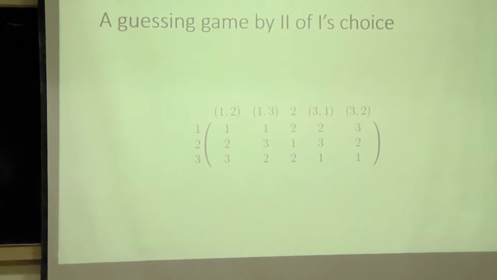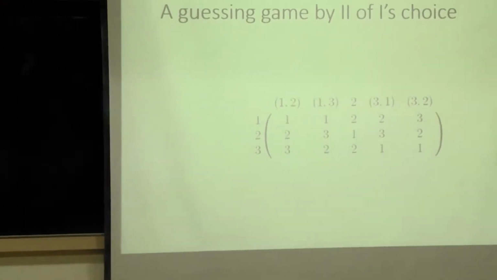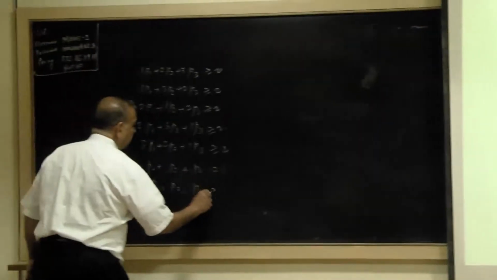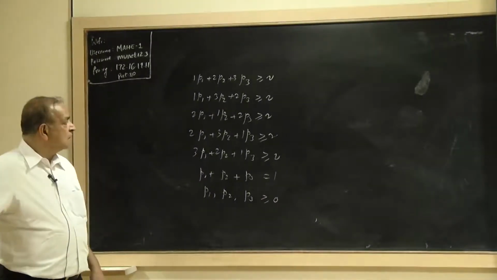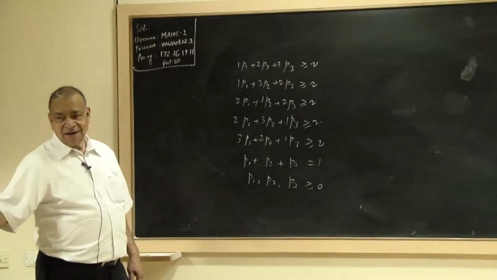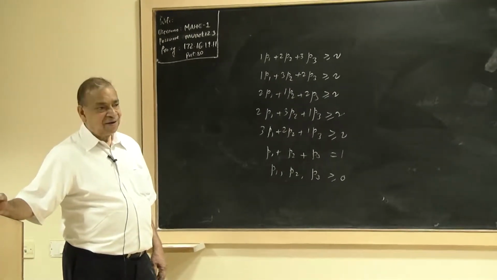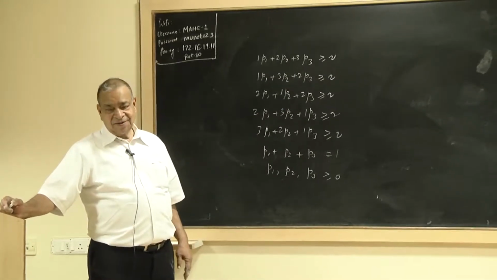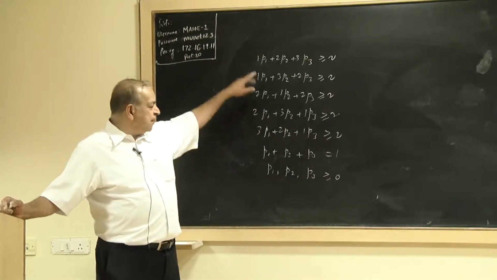And then P1 plus P2 plus P3 must be equal to 1, and also P1, P2, P3 non-negative. Okay? And what else do you want on top of this? We want all these inequalities to be satisfied. Can you find P1, P2, P3, V satisfying all these inequalities?